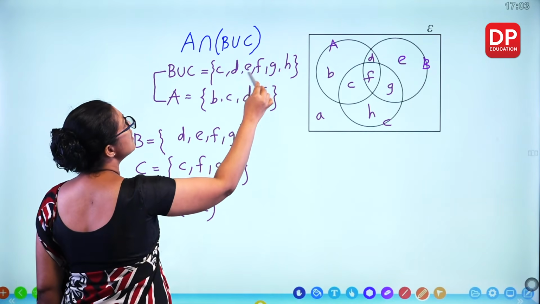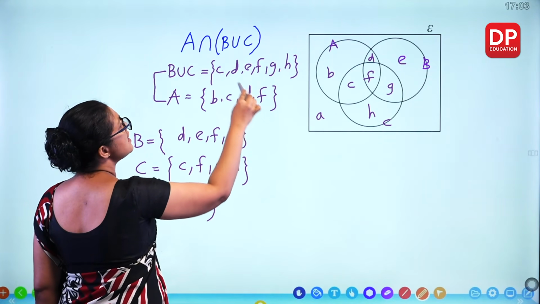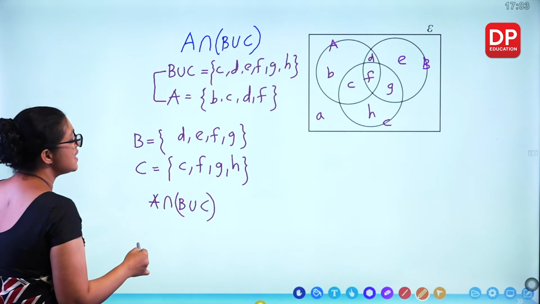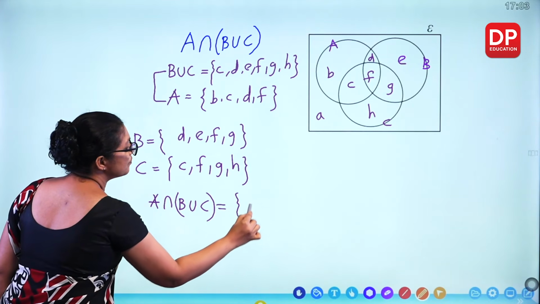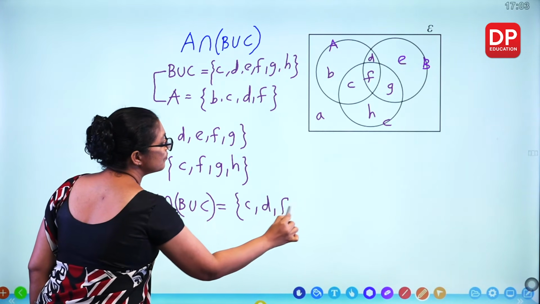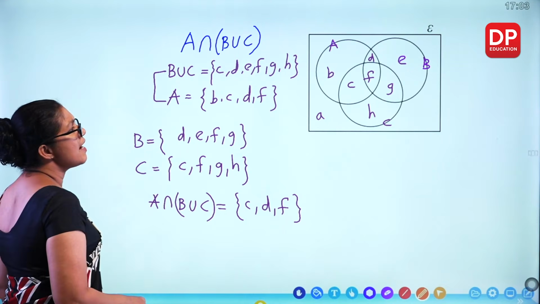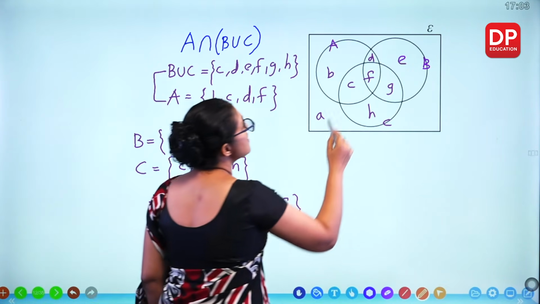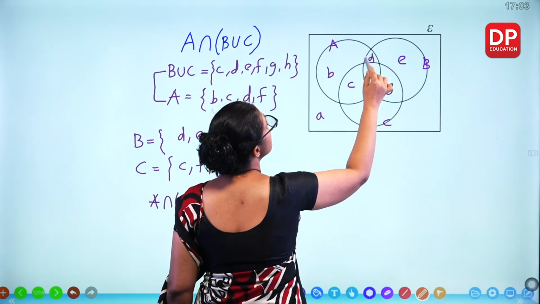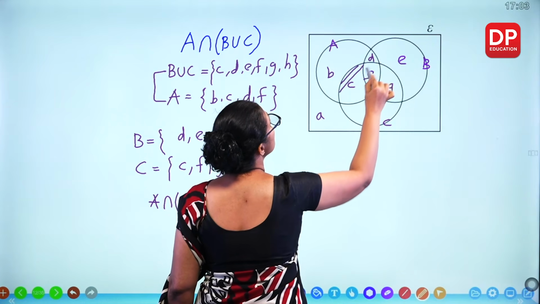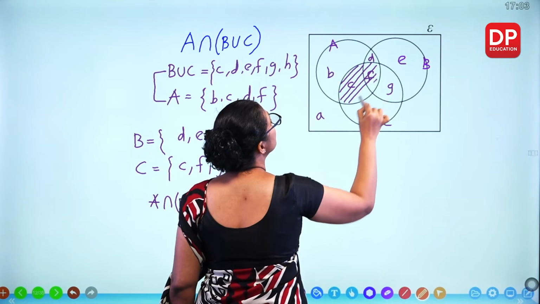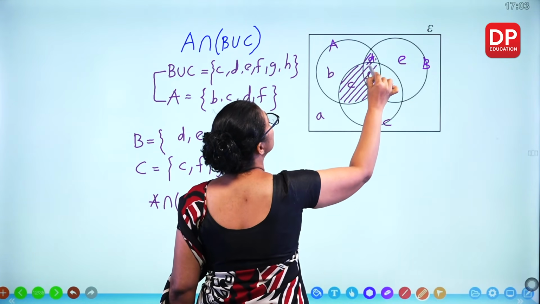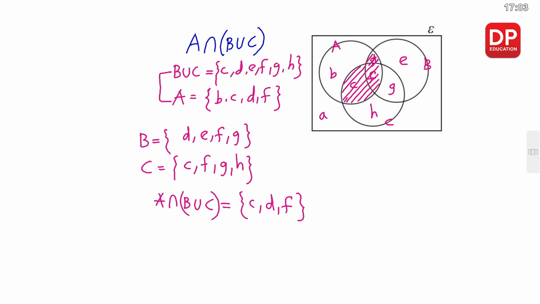Common region. C is common, D, F. So what's the region? C, D, F. So you have to color this region.